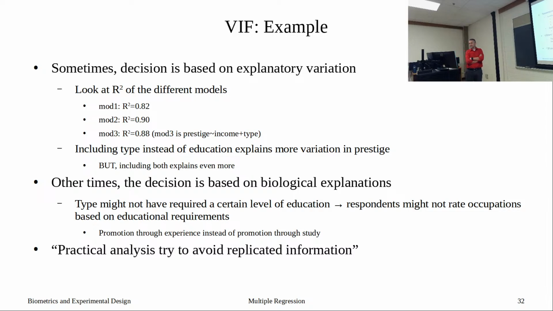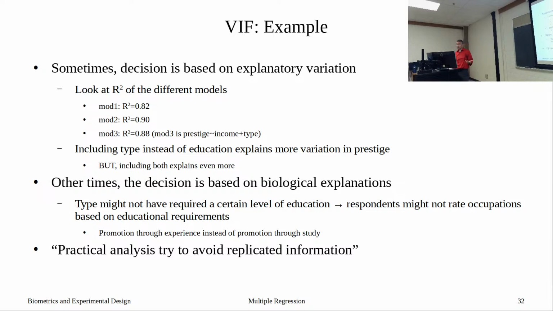Model 3 has income and type associated with it. If we look at the adjusted R-squares, model 1 had 0.82, model 2 had 0.9. If we dropped education and kept type in there, we do explain more of the variance in prestige than if we include education and drop type.